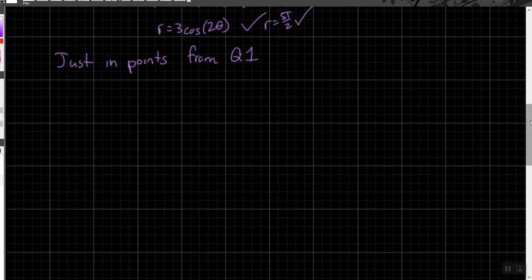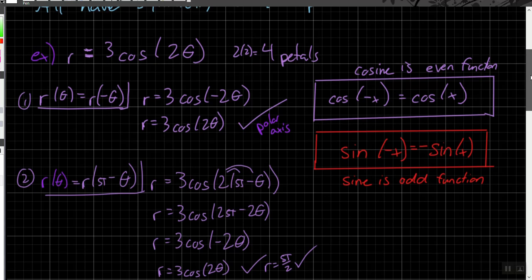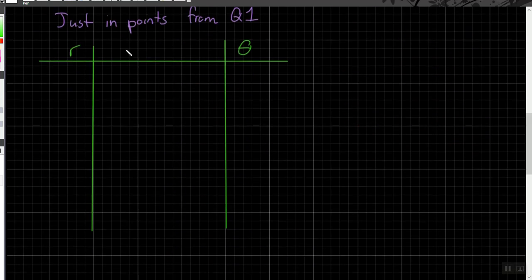Okay. Are we ready for our points? Let's do 3 columns. We have r, we have theta. What's our equation? 3 cosine of 2 theta. What should my thetas be?